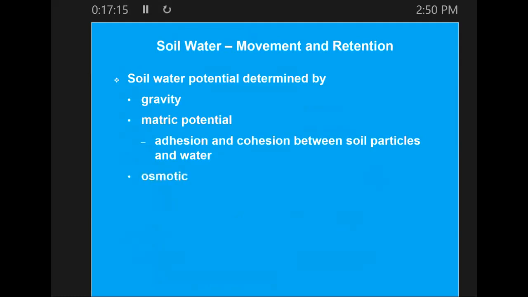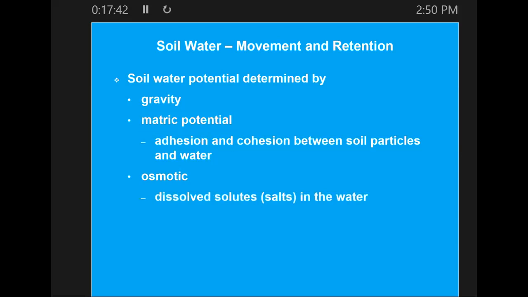And then we also have to think about the fact that it's not pure water. There are minerals dissolved in that water, so then we start thinking about an osmotic potential. Anytime you have solutes, whether it's minerals or sugars or whatever, dissolved in water, that creates an osmotic potential.